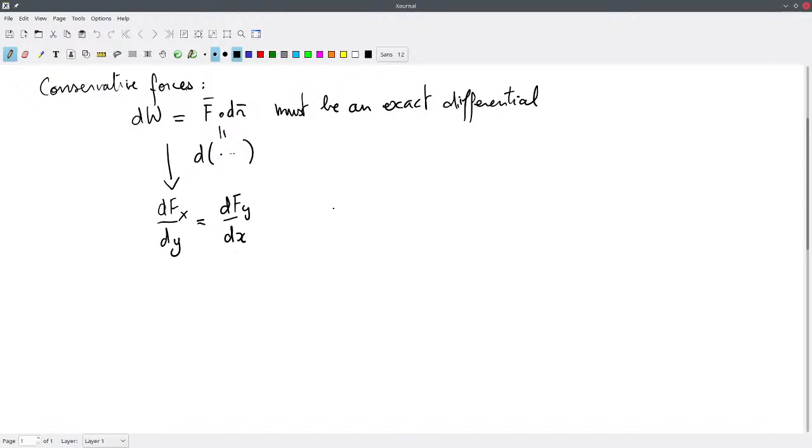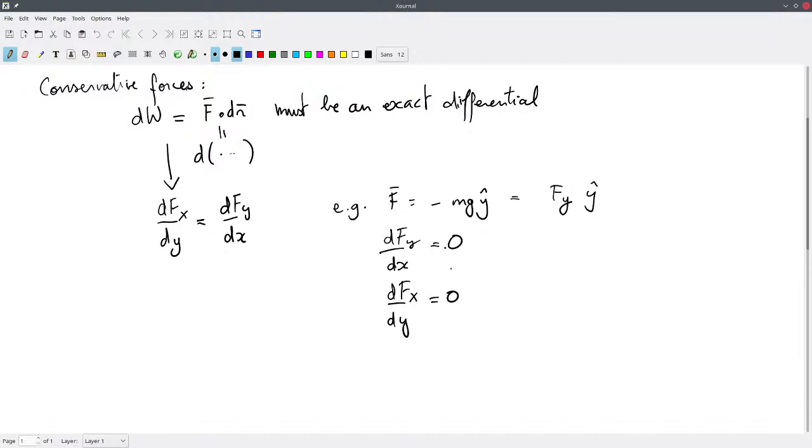And so we can see, for example, if we use F equals minus mg y hat for gravity, then this is essentially Fy times y hat. So dFy/dx is equal to 0, and dFx/dy is equal to 0. So both of those are the same. So indeed, this is a conservative force.